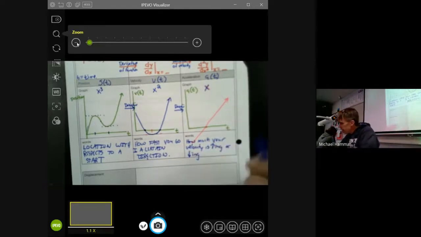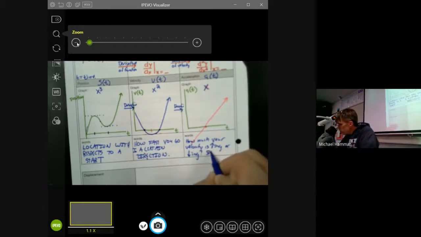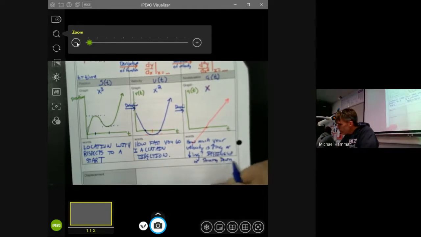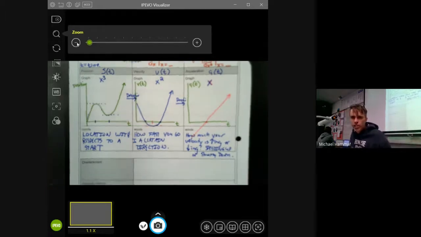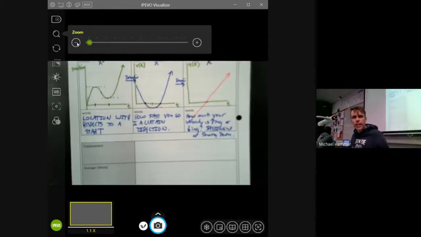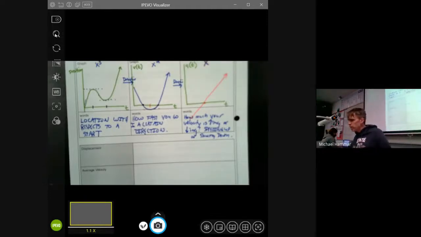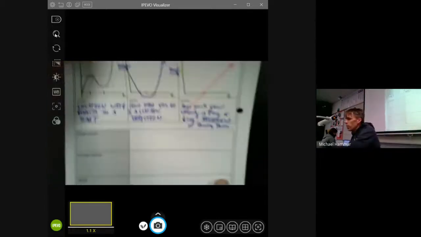So this is the idea of speeding up or slowing down. So that's what acceleration is dealing with. It's this idea of speeding up or slowing down. Now, we are going to talk a little bit about some formulas that are really, really important, okay? And then we're going to do a problem together.